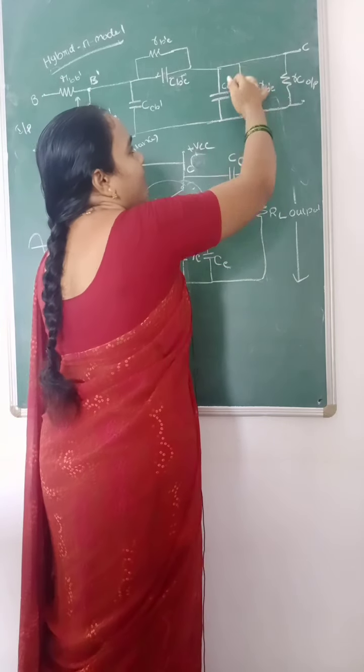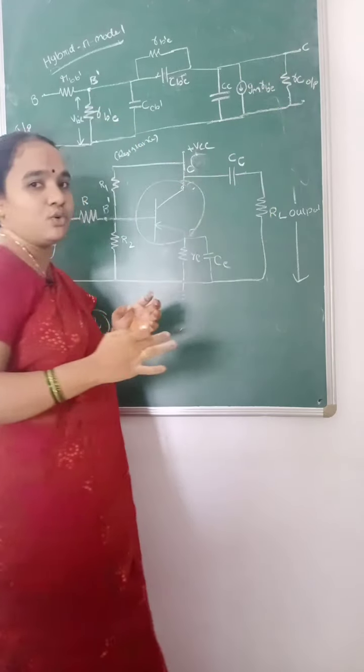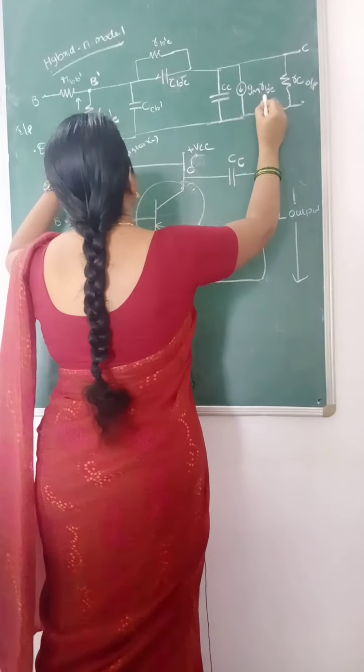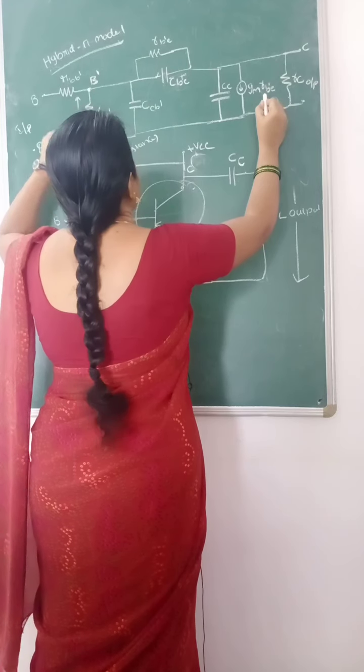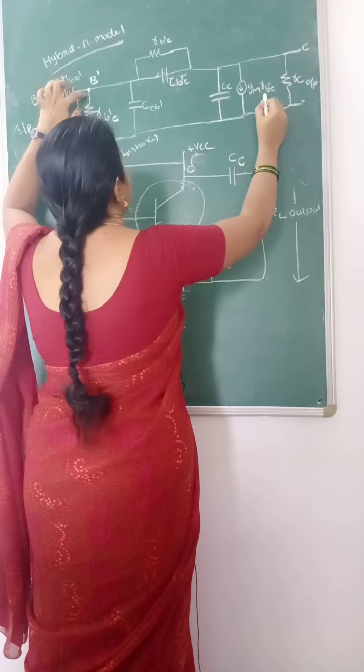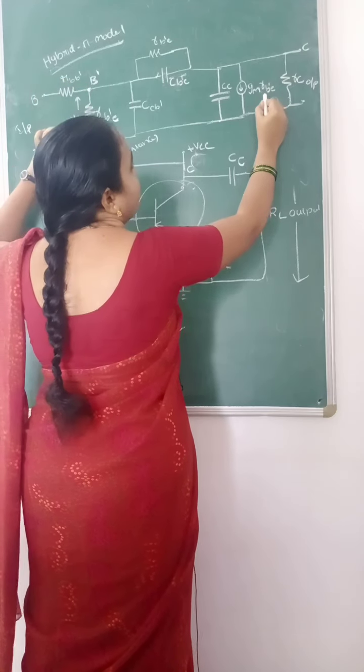So here we have included some small current source, which is GM multiplied by the resistance offered by this input circuit, that is the resistance between the interbase and the emitter terminal.